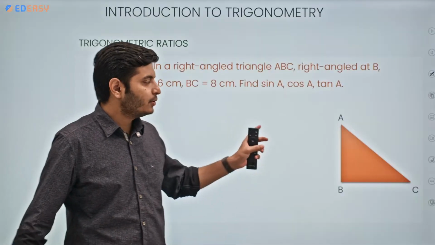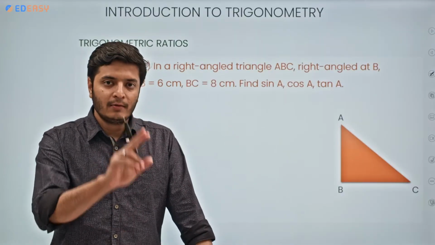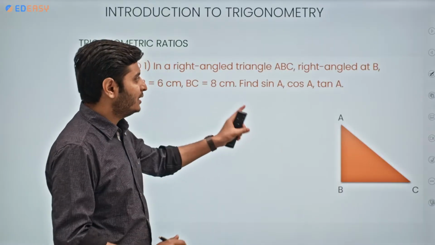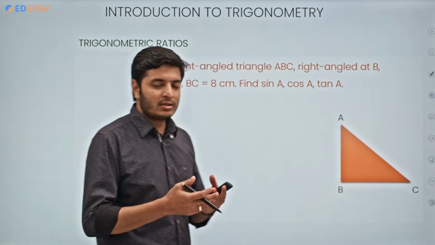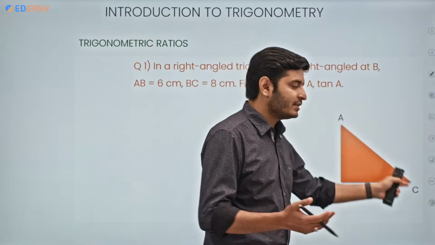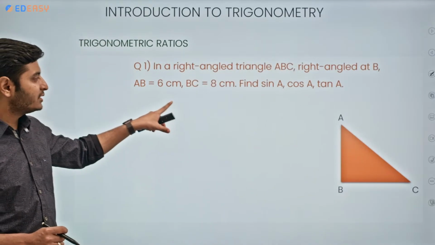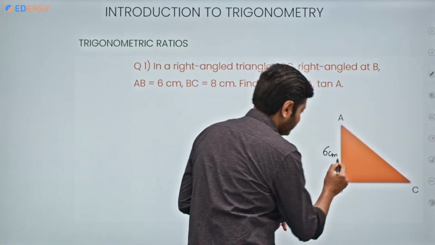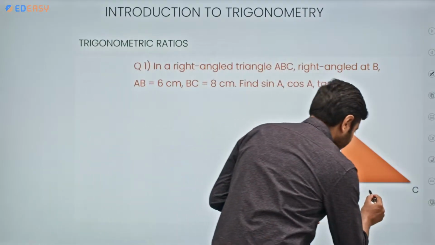If you are ever confused what to do, how to approach the problem, first create the figure. If it is not given, then right angle at B. So B is the right angle, and then which side is the hypotenuse? AC, the side opposite to the right angle. Now AB is equals to 6 centimeter. Length of AB is given to me, 6 centimeter. BC is also given to me, 8 centimeter.